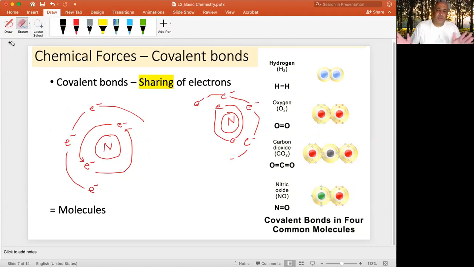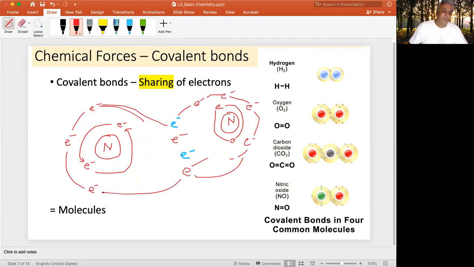So what happens is the 2 atoms get closer together, and what they'll do, let's use a different color. 2 electrons from oxygen, let's put them in blue, and 2 electrons from carbon will now be in a position to be shared like this, right? So this shell will become so close that it'll do that.